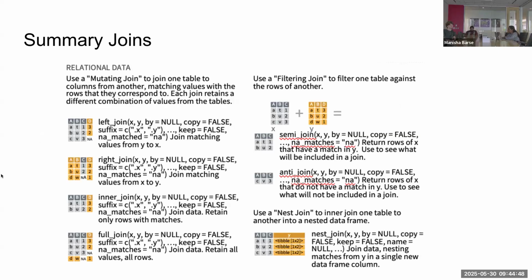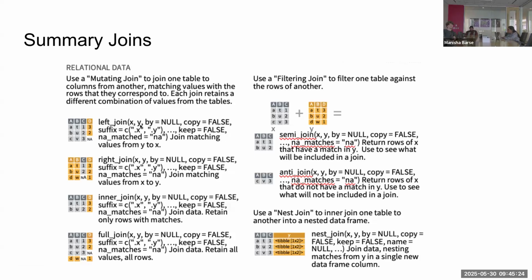Then we saw different examples of joins, which are mutating joins and filtering joins. Under the mutating joins we have left join, right join, inner join, and full join. The left join joins by matching the values from y to x, the left to the right.